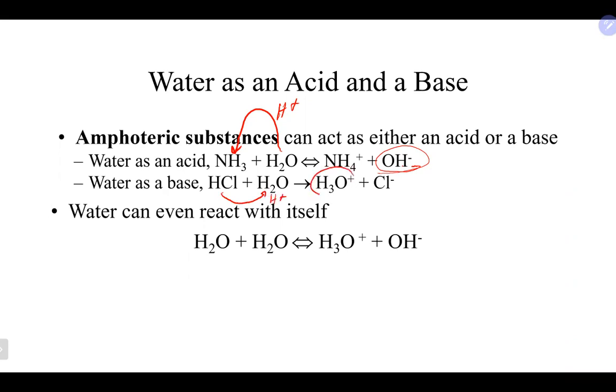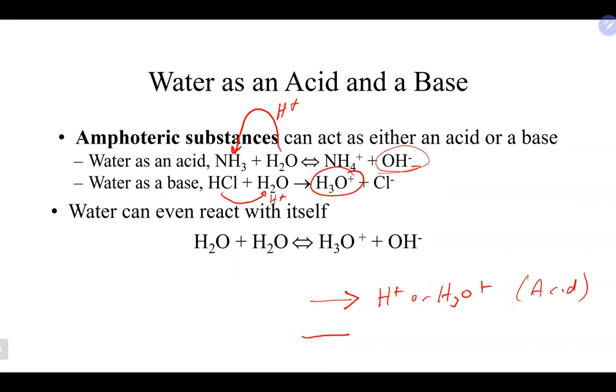Sometimes people also have trouble trying to figure out, if you look at an equation, can you make a relatively good assumption of whether or not the solution might be acidic or basic? And you can. Typically, if you have H plus or H3O plus on the product side of the arrow, there's a good chance you have some type of acidic situation.